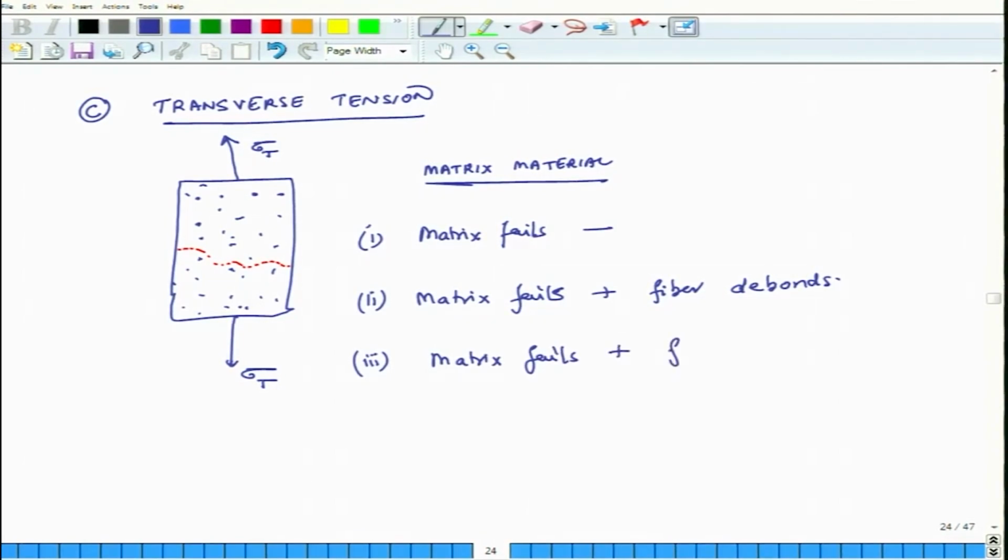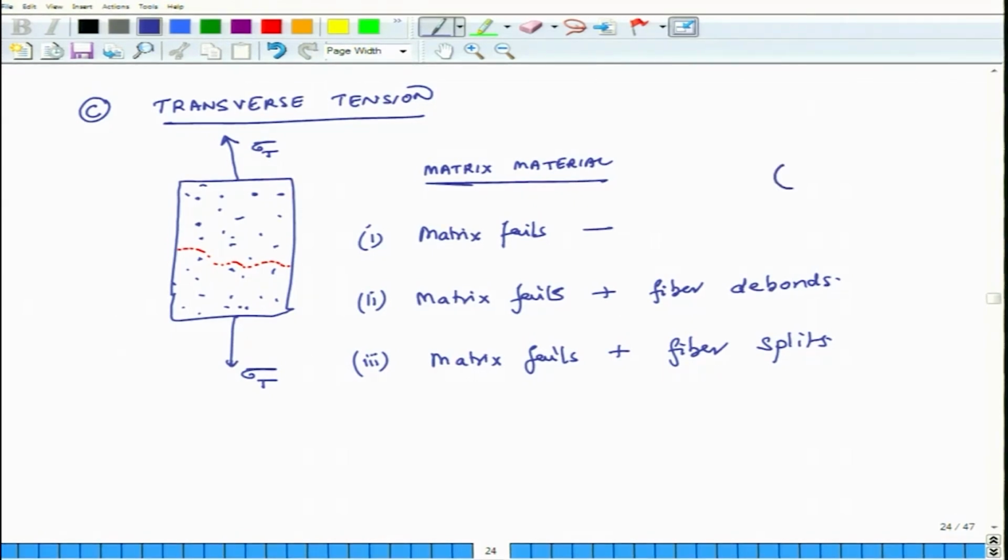and plus fiber splits. Okay. So, the fiber itself could split and tear off into two pieces, and that can happen especially when the strength of the fiber is not that high, especially in the transverse direction.